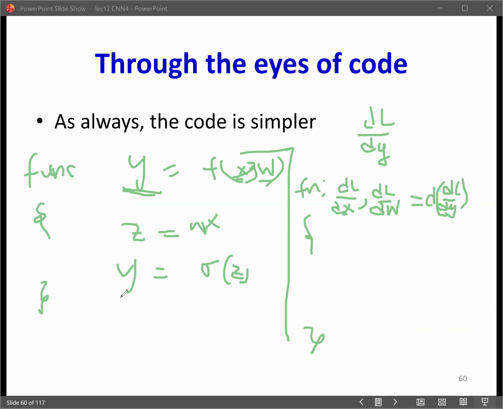So here's what happens. y is a function of z, right? We have the derivative for y. So what is dl over dz? That's simply going to be dl over dy times sigma prime, correct? Yes or no? Now I have dl over dz, right? What is dl over dw?